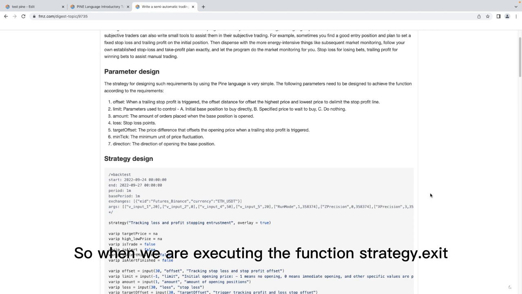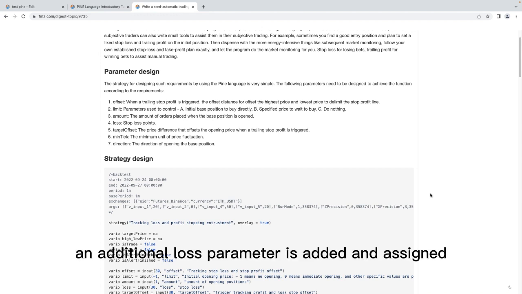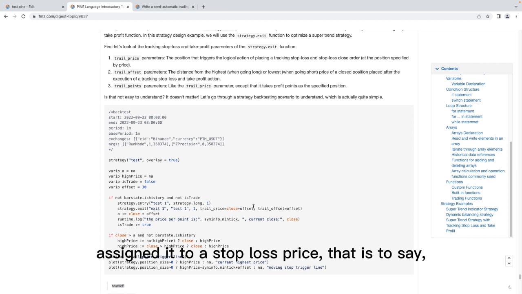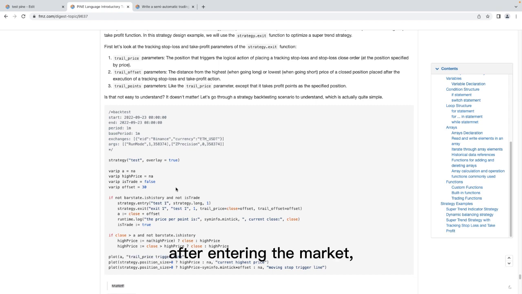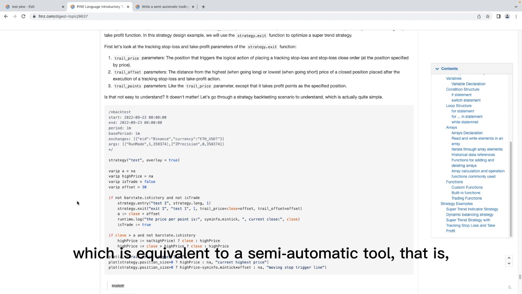So when we are executing the function strategy.exit in the gadget, an additional loss parameter is added and assigned a stop loss price, that is to say, after entering a market, we continue to check stop profit, which is equivalent to a semi-automatic tool.